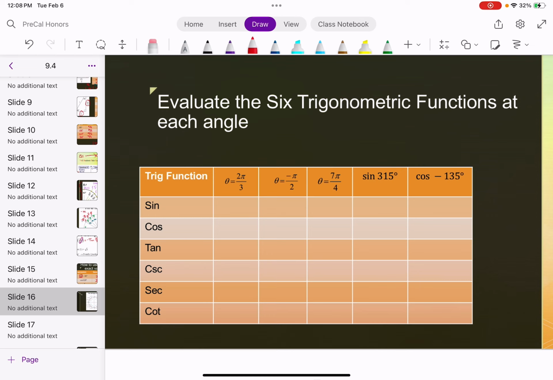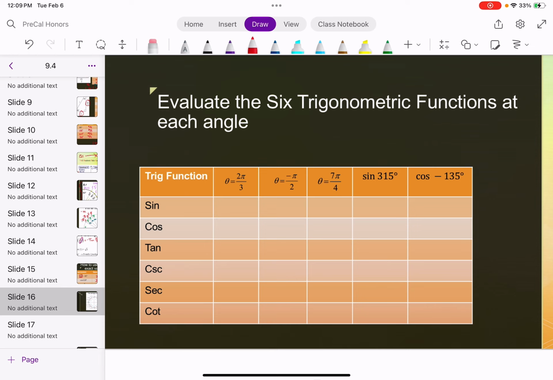We have theta is equal to negative pi over 2. We have theta is equal to 7 pi over 4, sine of 315, and the cosine of negative 135. So, first thing we're going to do is understand exactly what is being given with each one of these.